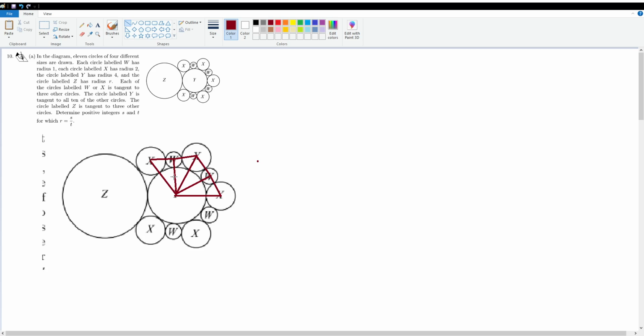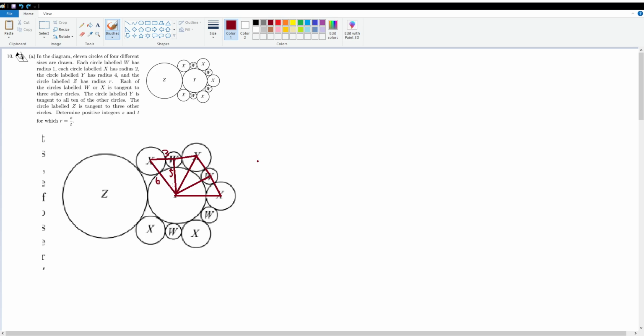They all have one side length of 4 plus 2, which is 6. They all have another side length, 4 plus 1, which is 5. And they all have a third side length, which is 2 plus 1, 3. The same logic goes for this triangle, this triangle, and this triangle here.